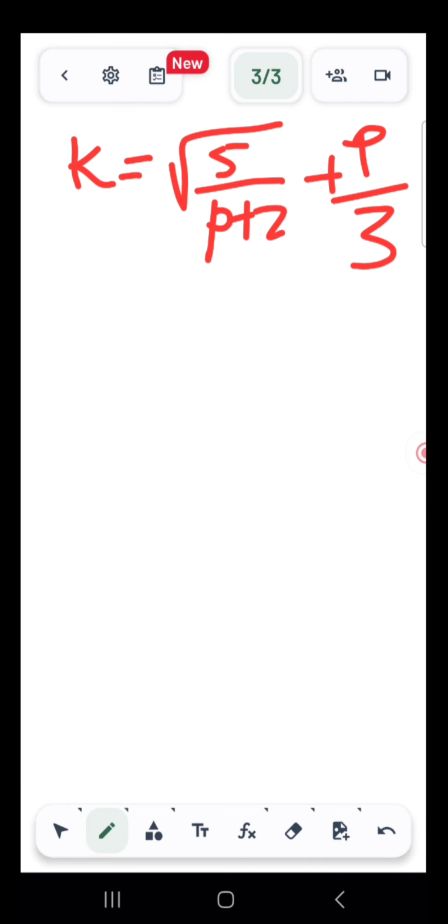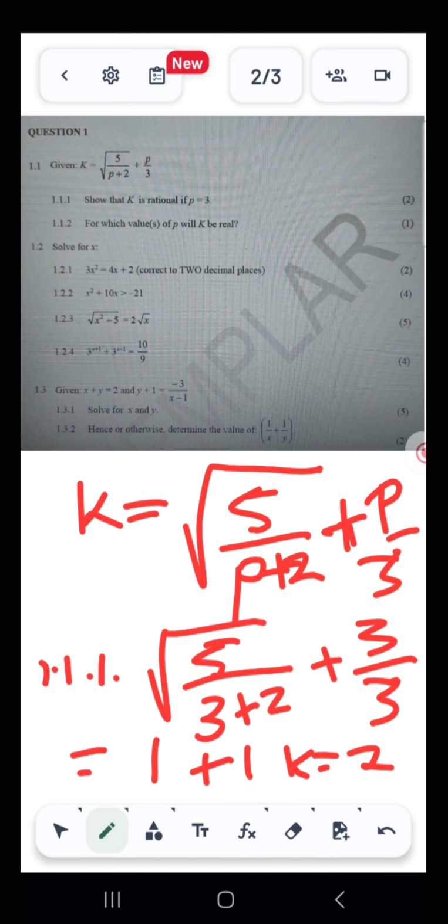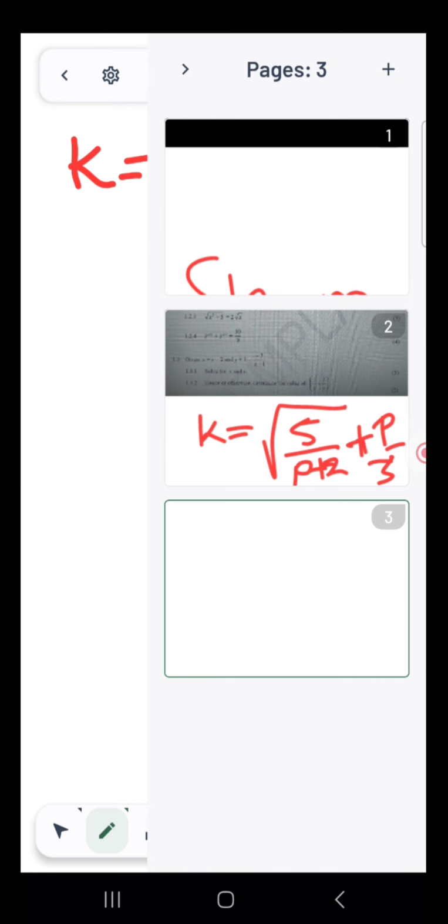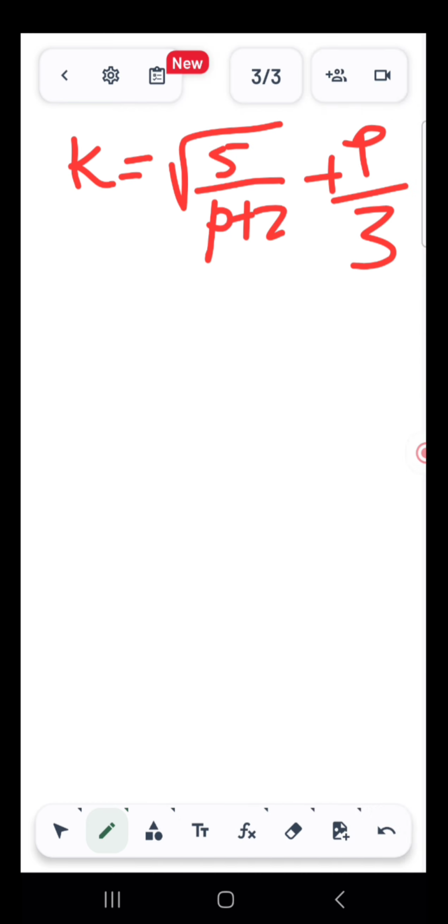The question says for which values of p will k be real? Now, values means there's a greater than or smaller than, because they're not looking for one number, they're looking for a multitude of numbers. We want to know for which numbers will k be real, right?